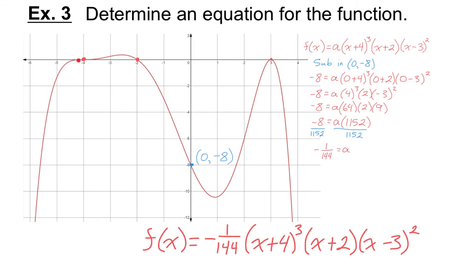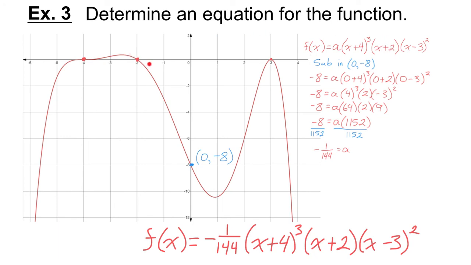Okay, so this x-intercept of -4 corresponds to a factor of x plus 4. Since there's a twist, but it still comes in and out in opposite directions, I'm going to say the exponent is 3. At this x-intercept, when x is -2, that corresponds to x plus 2 as a factor.